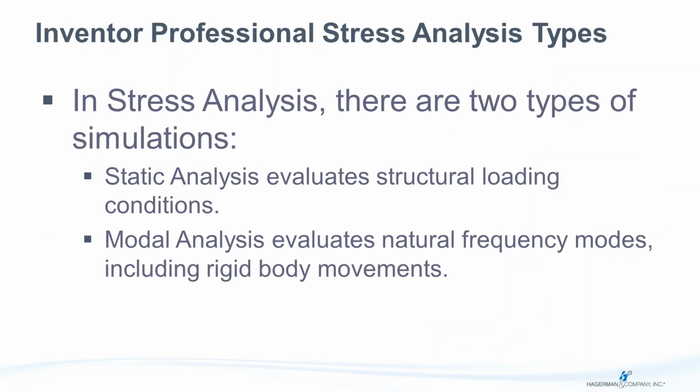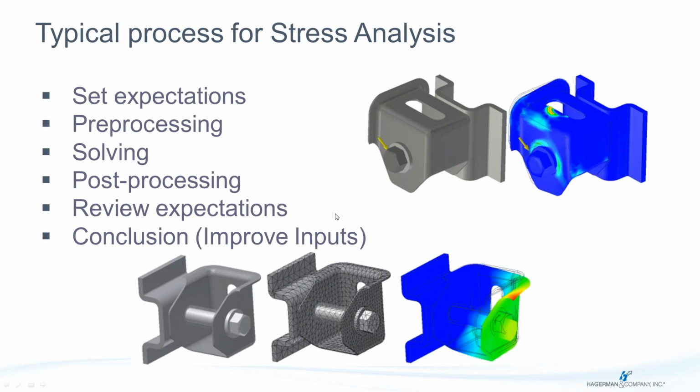Autodesk Inventor Professional Stress Analysis provides two different types of analysis: static analysis, evaluating structural loads and conditions, and modal analysis, which evaluates natural frequency modes, including rigid body movements. The setup for a stress analysis is relatively simple.